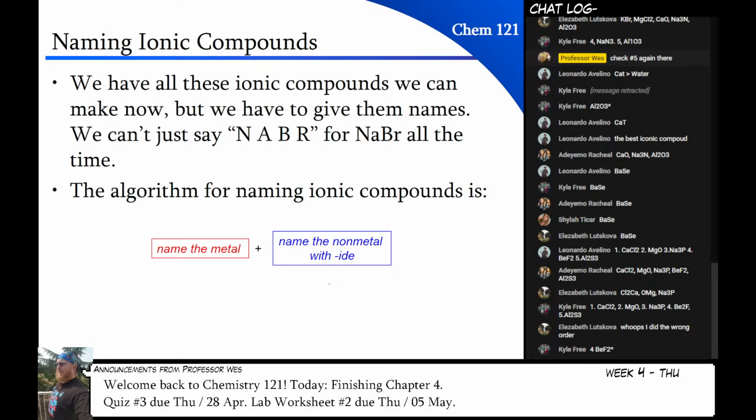Now, very, very, very important. I'm going to warn you of this now because the quiz is going to get people on this. All right. When we are naming the metal and the nonmetal, do not use capital letters. Elements are not proper nouns, even the ones named after people.